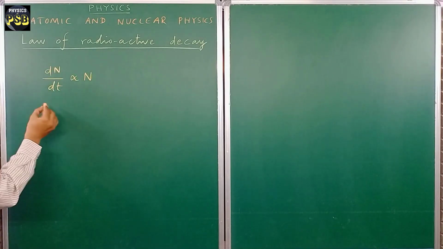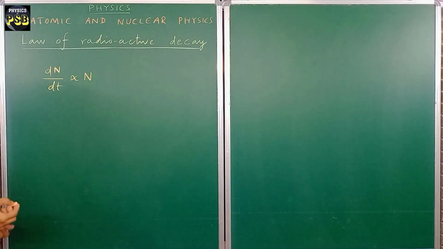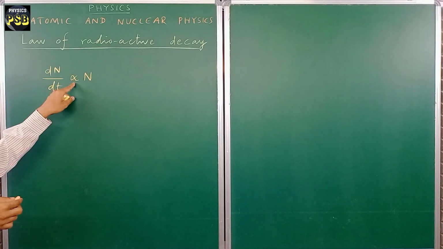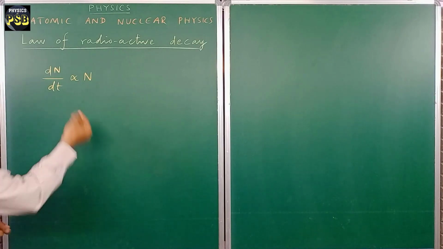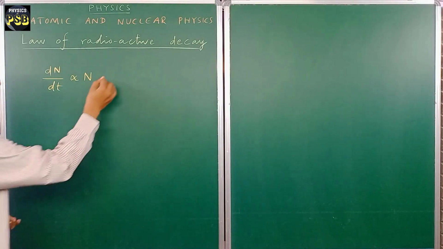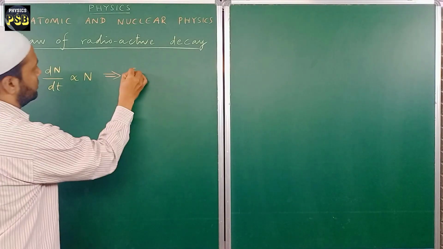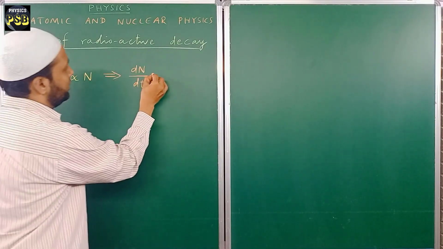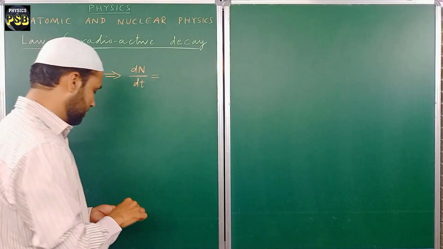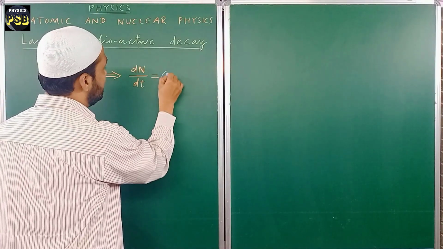Now from this relation, we know very well that if we have proportionality, on the removal of this proportionality we have to include a constant. So the same thing I do here: dN upon dt, I introduce an equal to sign, and along with that a constant is introduced.